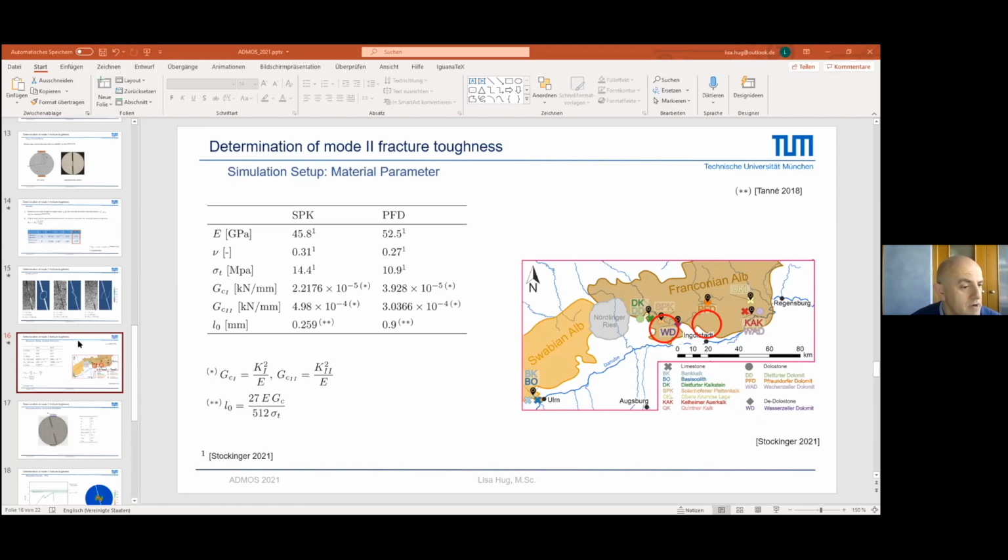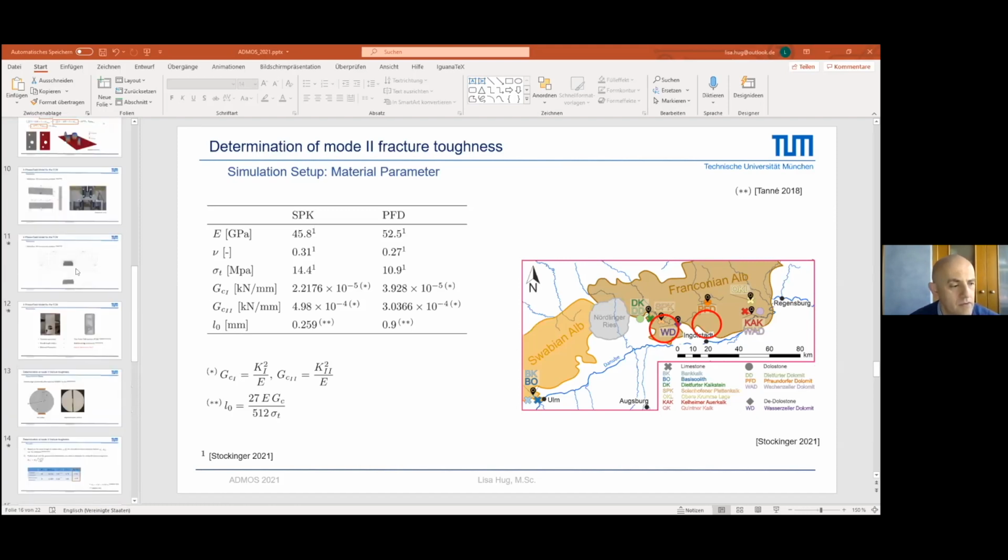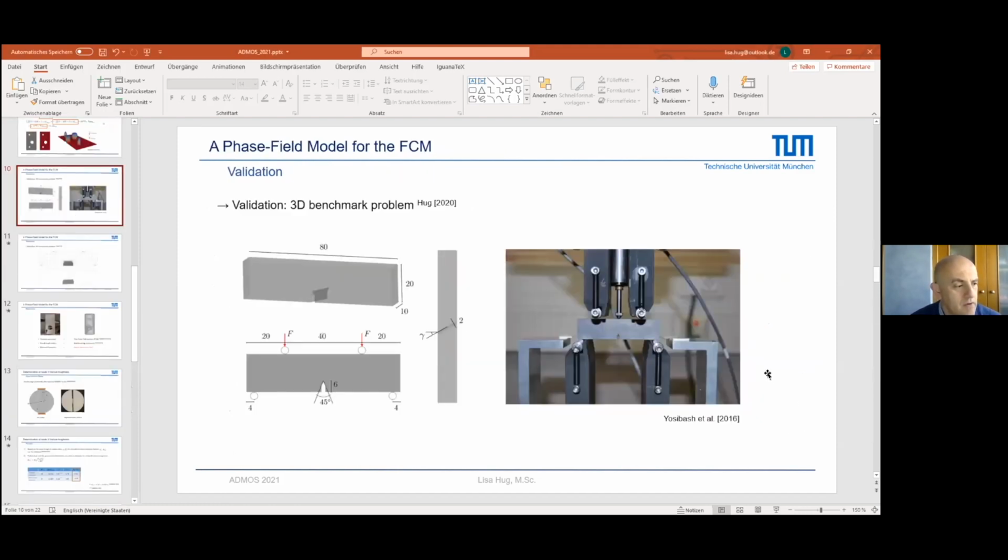Yes, so we have also validated our phase field method in combination with FCM in 3D, basically on this problem here, where we have this graphite specimen with an inclined notch at different angles. And basically the angle then induces a mixed mode crack.